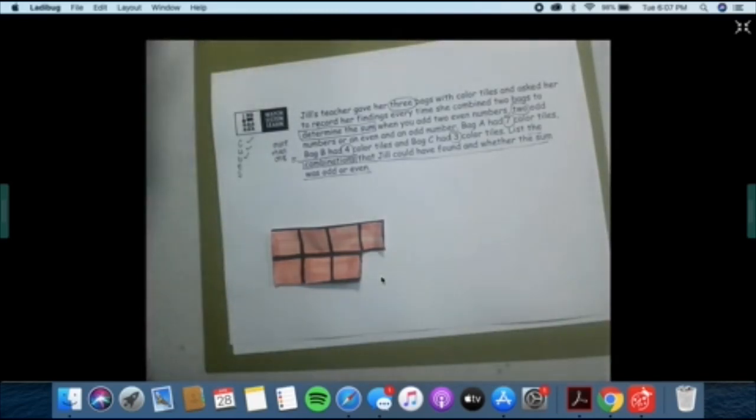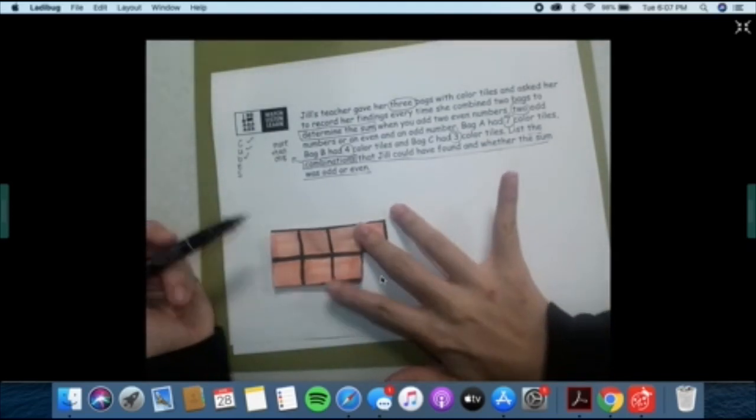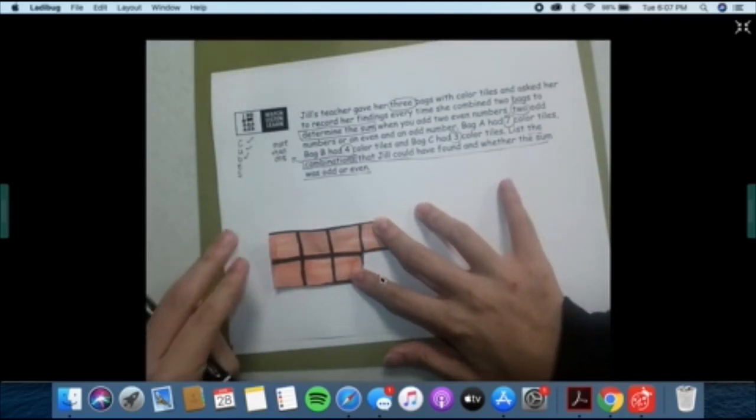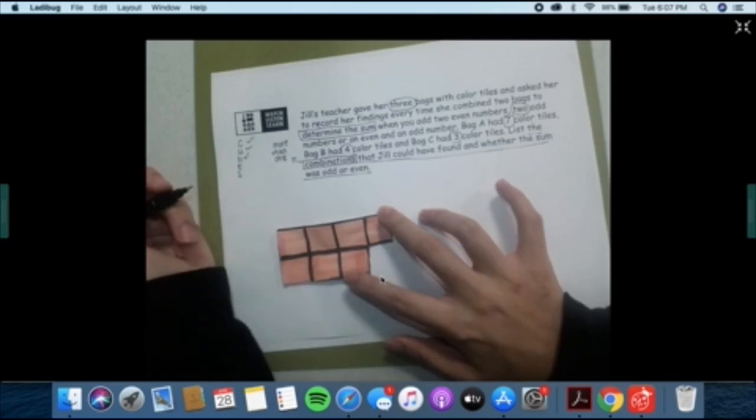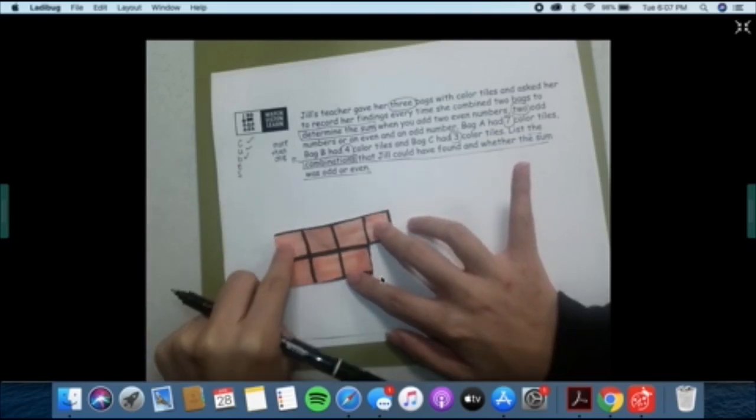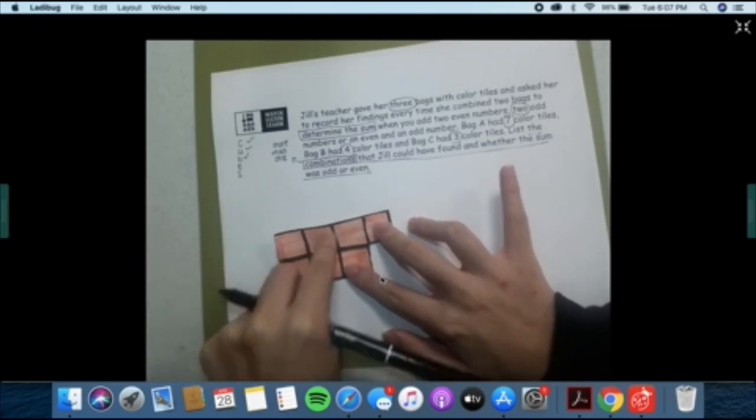So I see it says Bag A has 7 colored tiles. So I am using these tiles as Bag A, and I have 7 tiles. So I know 7 tiles is odd because every tile has a pair except for this one right here. So that's 7.